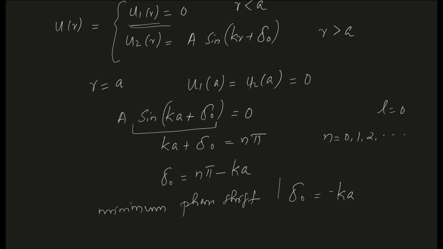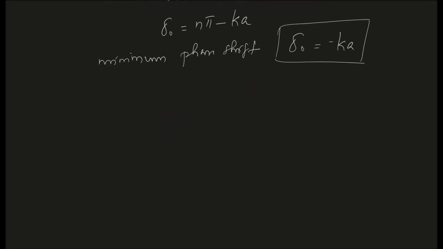This minimum phase shift is given by −ka, and this is usually negative for repulsive potentials. So you can write the total scattering cross section sigma is equal to 4π/k².